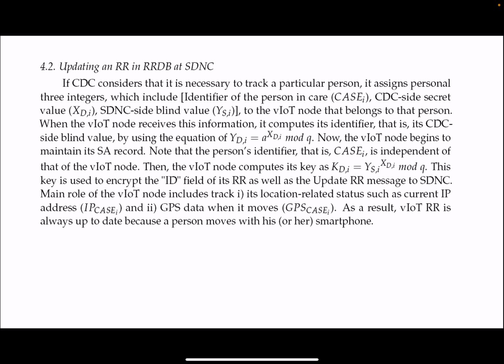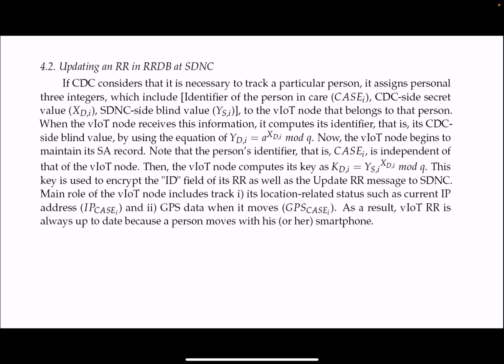When the virtual IoT node receives this information, it computes its identifier, that is CDC's side blind value, by using the equation YDi equals a to the power XDi mod q.